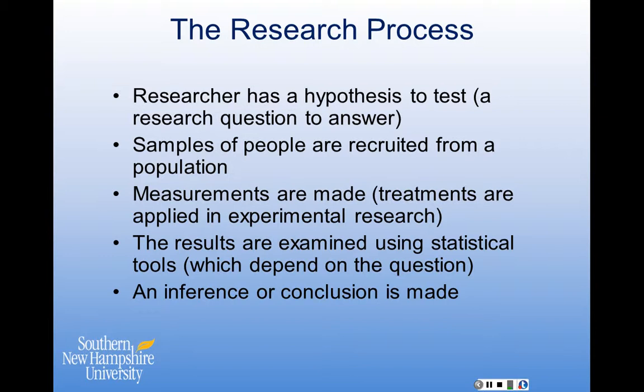The inference is the researcher applying that conclusion to the larger population. Because really, the process of research is to say something about the larger group, the populations. But because we can't measure every single person in the population, we have to measure a sample, which is a small group selected from that population. The more representative that sample is of the population, the better our inference, or the more confidence we have in that conclusion.